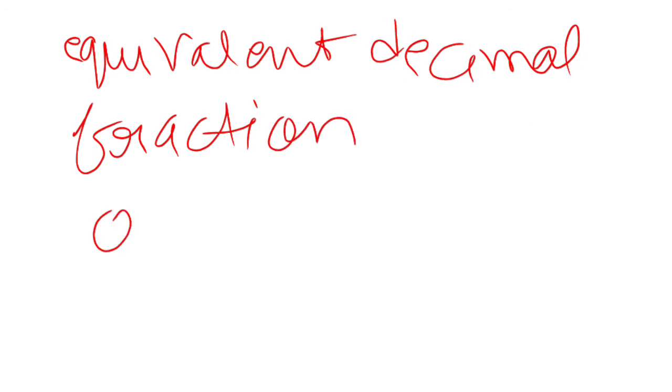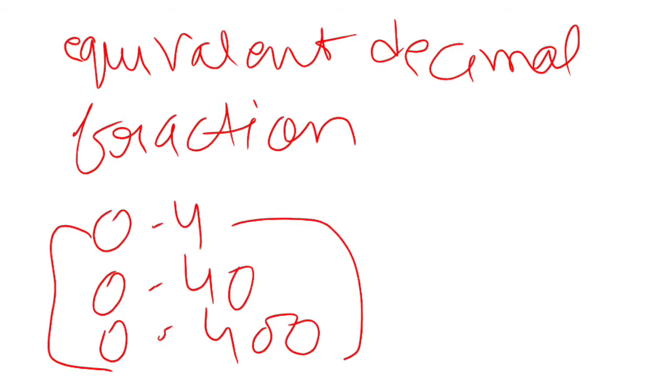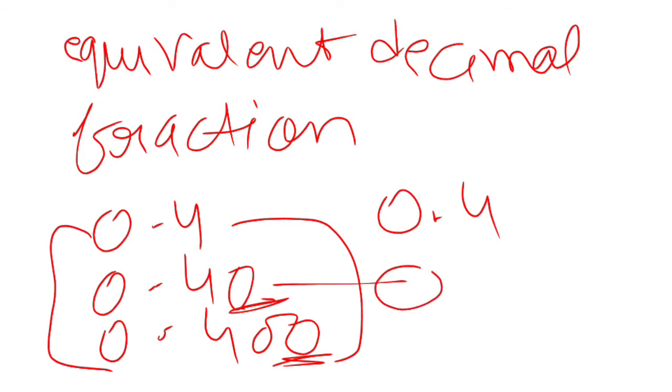Like this is 0.4, 0.40, 0.400. How can we say all three numbers are equal? Because if we remove these extra zeros, they become 0.4. This is also equivalent to 0.4.